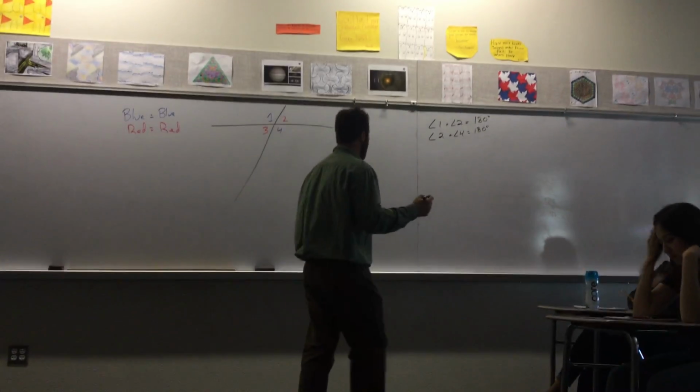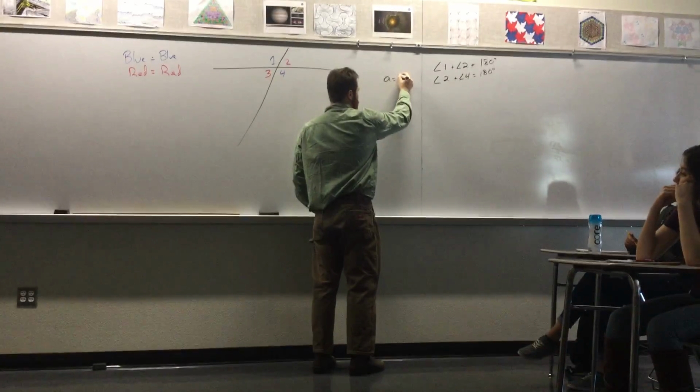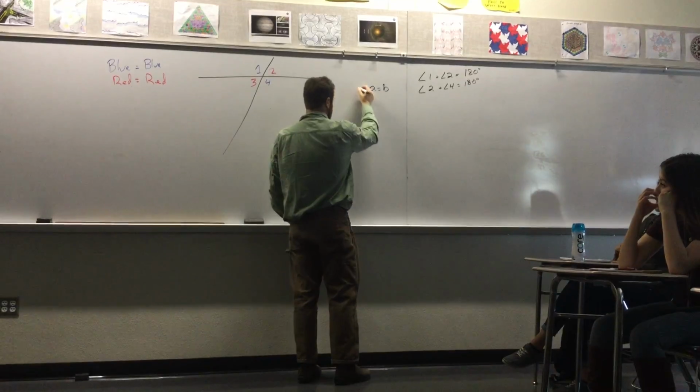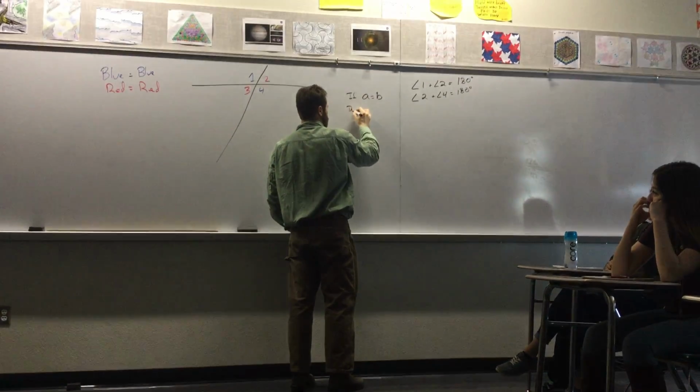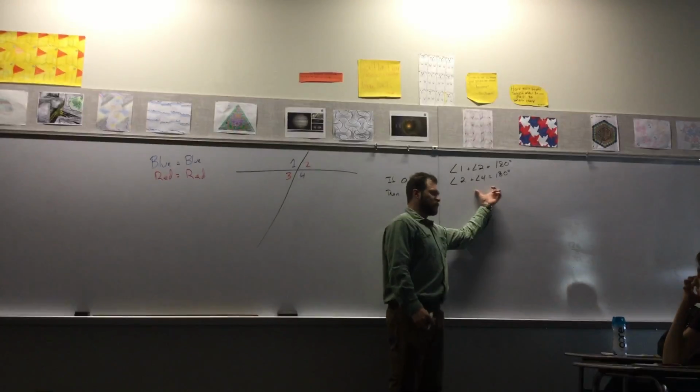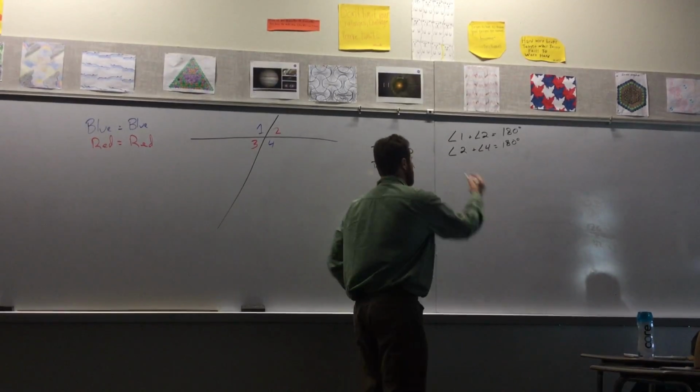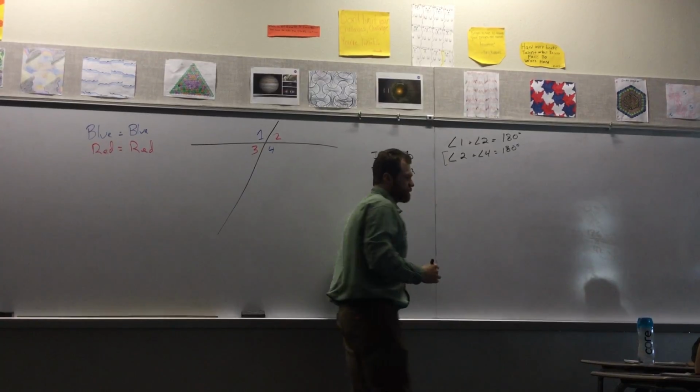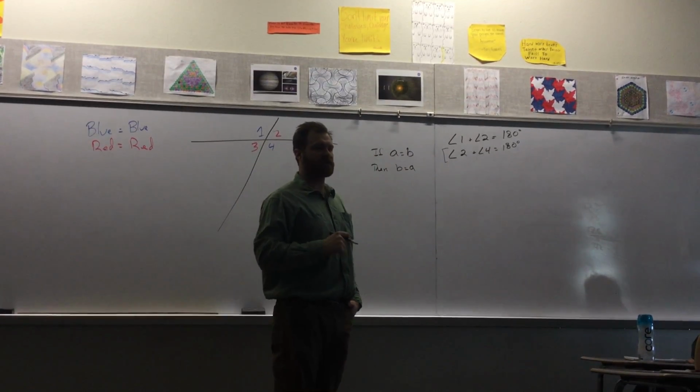Okay, symmetric property said if A equals B, then B equals A. Okay, so how can I use this? I want to change this guy with the symmetric property. What does that turn into?